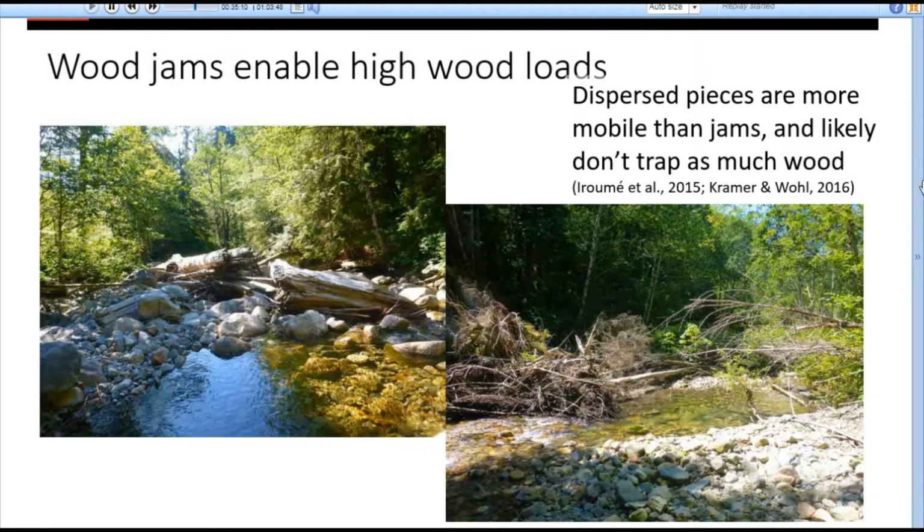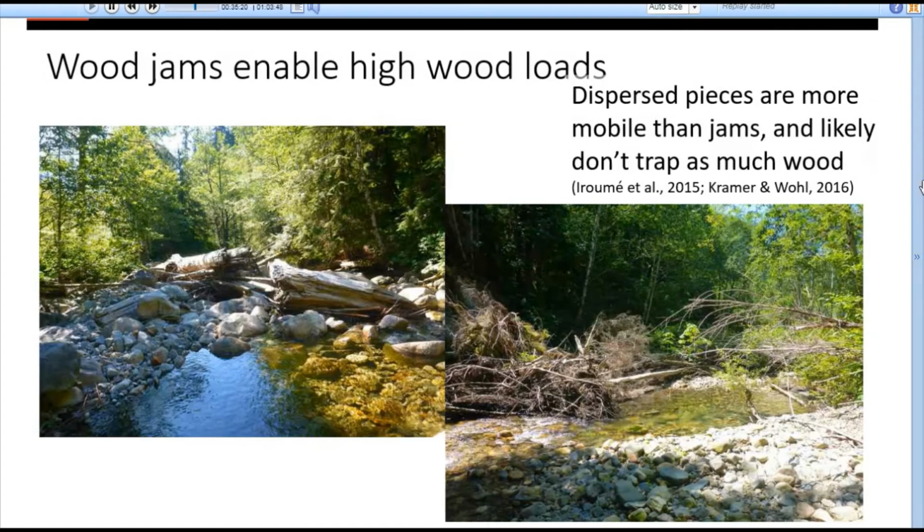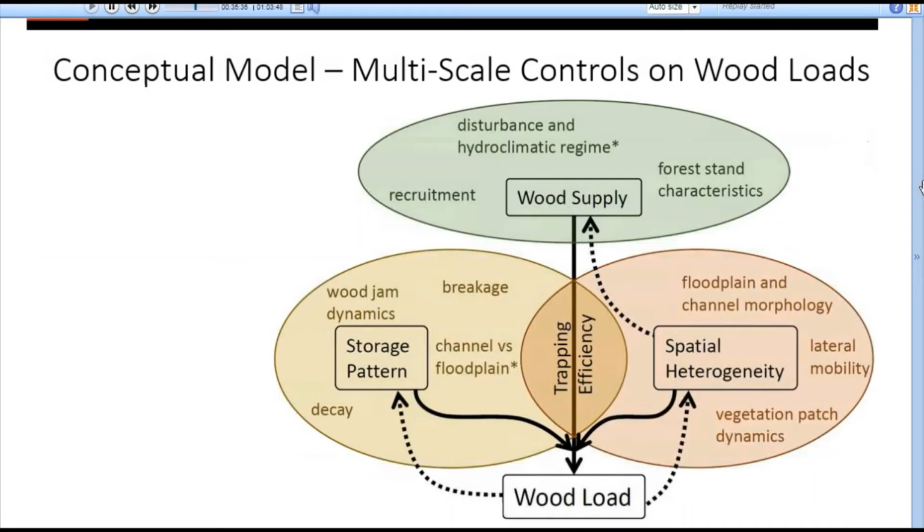Once wood starts to accumulate in jams, it starts to trap more wood. Jams might last anywhere from a few years to a few centuries in some places. And as a result, the more jams you have in a given reach, those jams tend to slow down flow energy, disperse flow into the overbank, as well as trap wood. So they reduce the flow energy able to transport wood, and they act as trapping structures themselves.